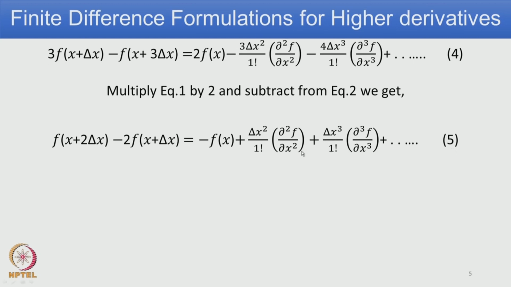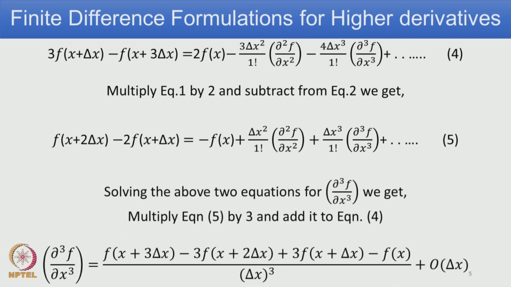Once again we want to get only the third derivative del cube f by del x cube. We still have the second derivative term in both equation 4 as well as 5. So, one more small arithmetic operation: multiply equation 5 by 3 and add it to equation 4.